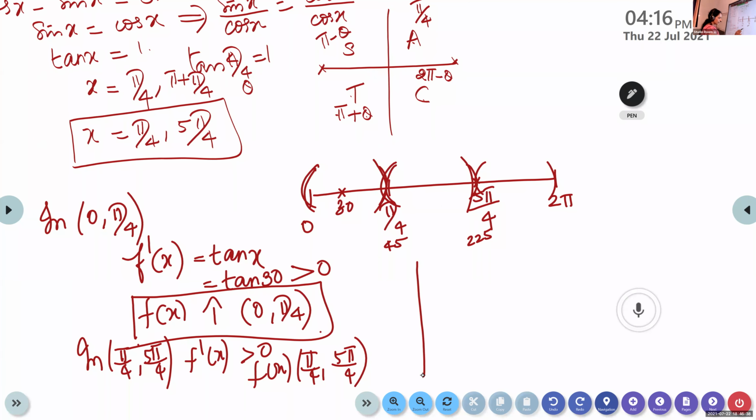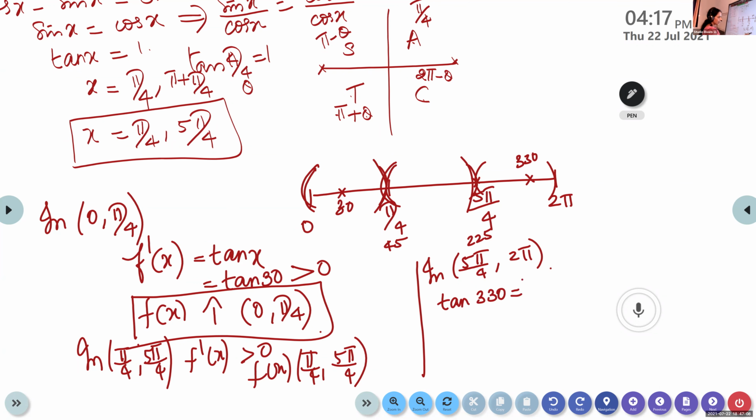Now you consider the next interval, 5 pi by 4 to 2 pi, that is 225 to 2 pi. If you want, you can take some values like 330. How will you find the value? Last year we have learned all those things. How will you find tan 330?